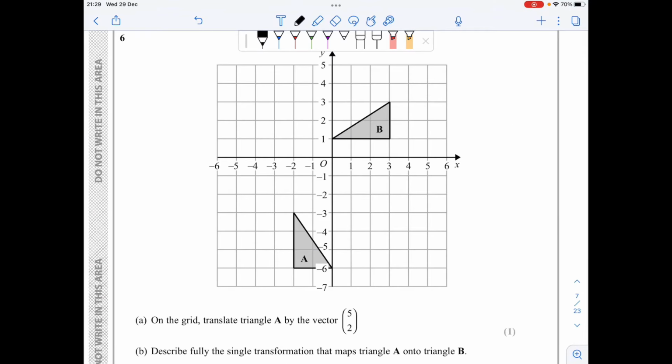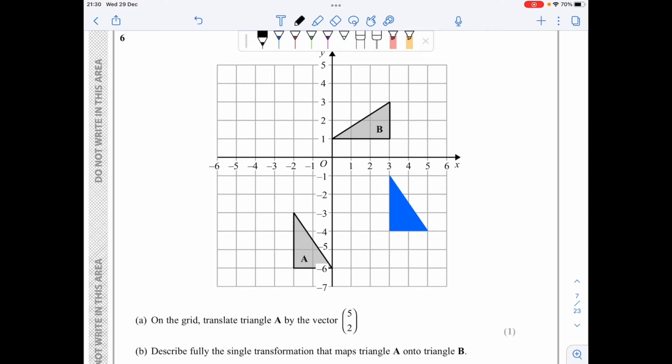In part A of this question, I'll just shift triangle A 5 units to the right and 2 units up, and the image is the blue triangle. Now for part B, a tracing paper might be useful.